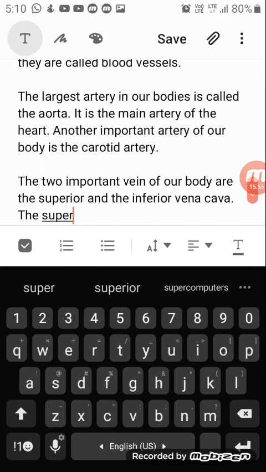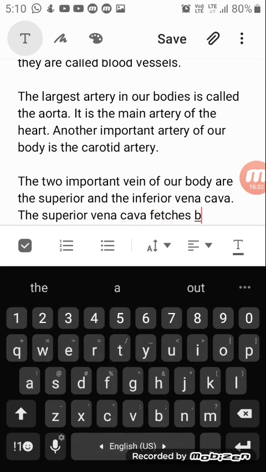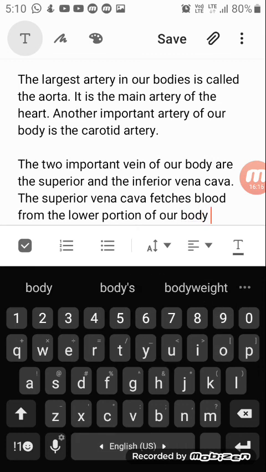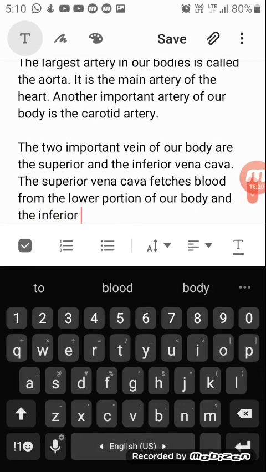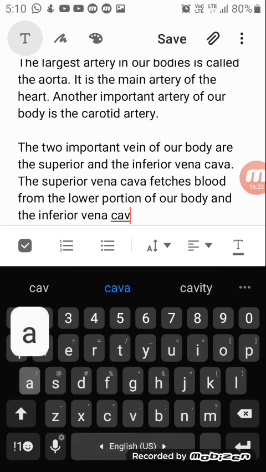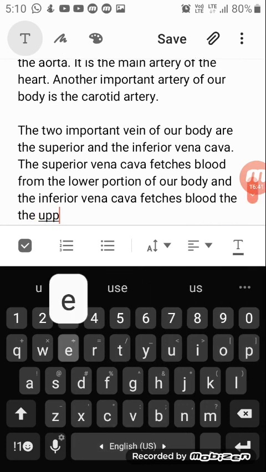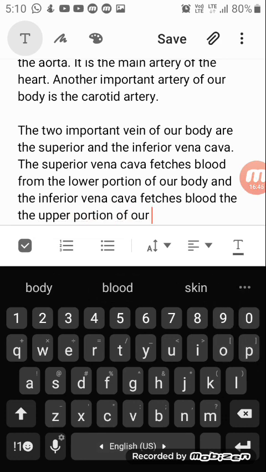The superior vena cava fetches blood from the upper portion of our body, and the inferior vena cava fetches blood from the lower portion of our body.